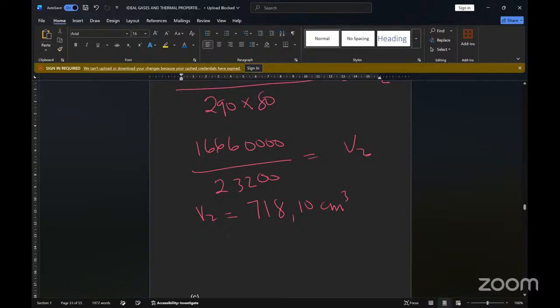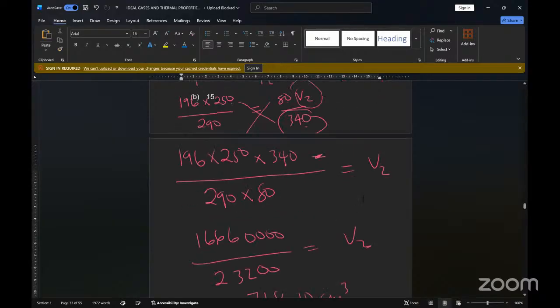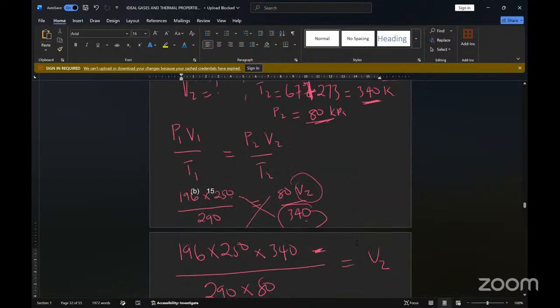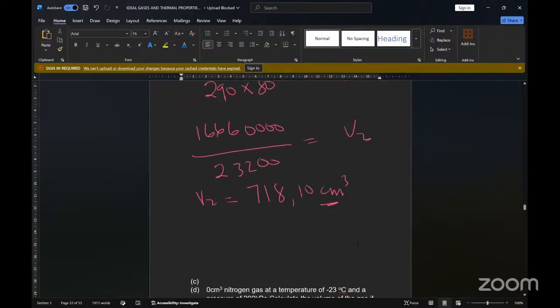So you have to use the same unit as before. That's why I say you don't convert the unit. The unit that you used before, this is 250 centimeter cube. So the volume here must also be centimeter cube. So you write that, and that is your answer.